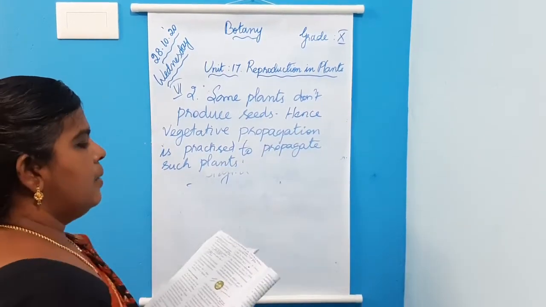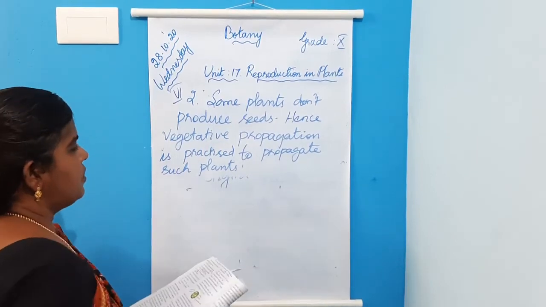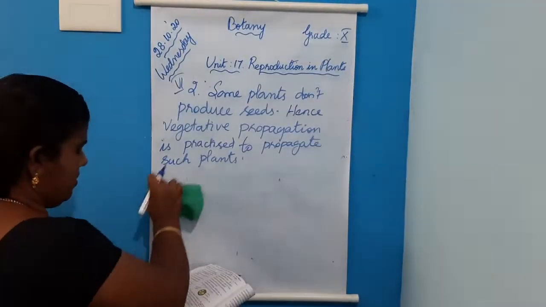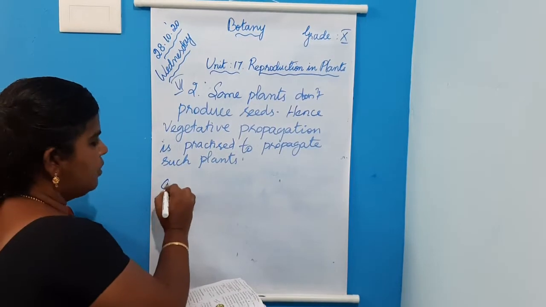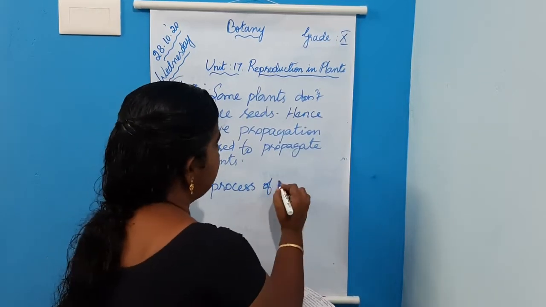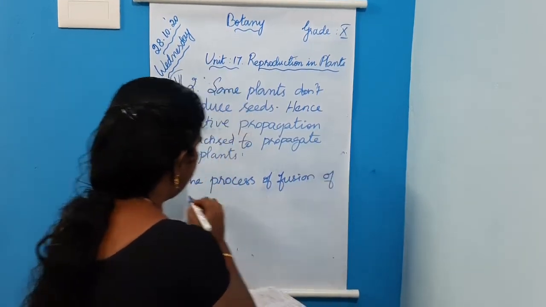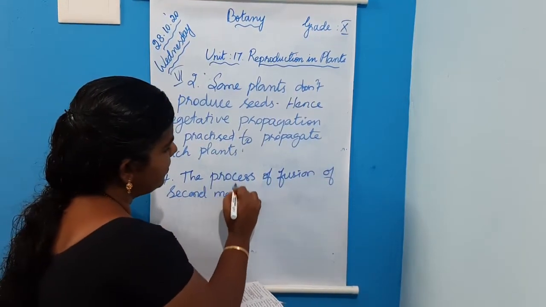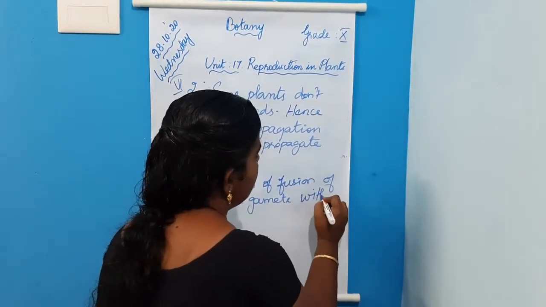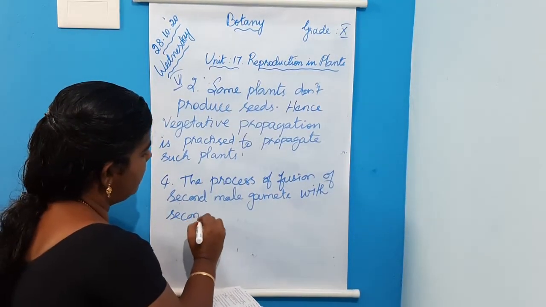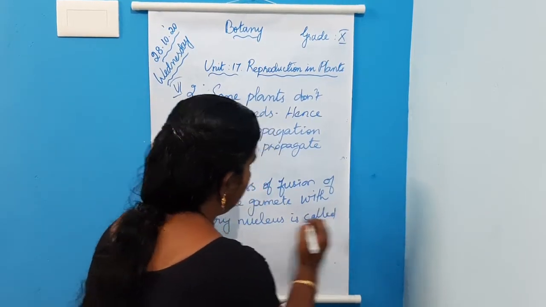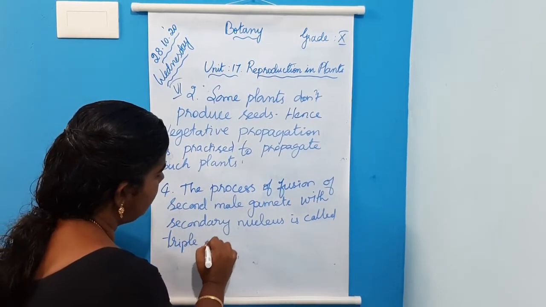The process of fusion of the second male gamete with the secondary nucleus is called triple fusion.